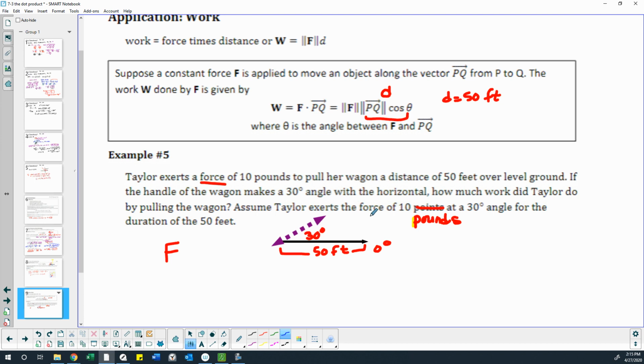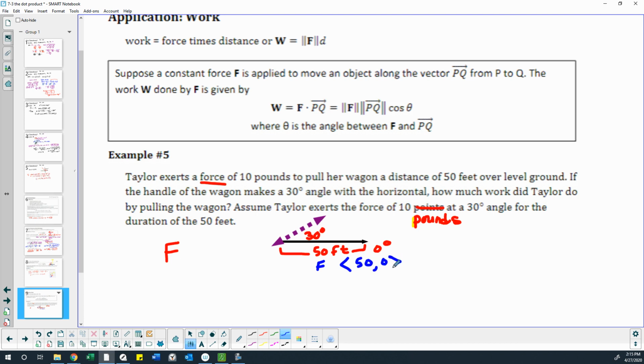So let's go ahead and call F this 50 feet instead. I'm going to forget about all of this stuff. So we're going to call this F. That means our component form for F is simply going to the right 50 and going up or down 0.